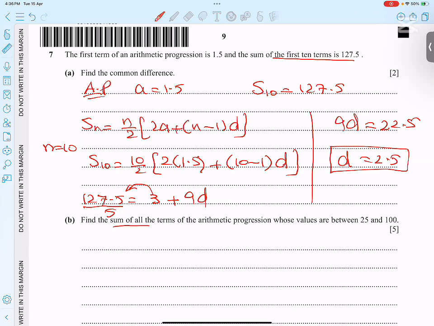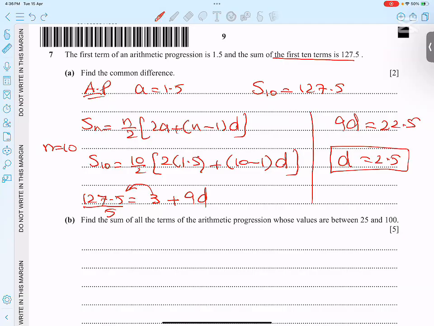Find the sum of all the terms of the arithmetic progression which have values between 25 and 100. So it's a 5-mark question. First of all, we are planning what is the way to do the question.